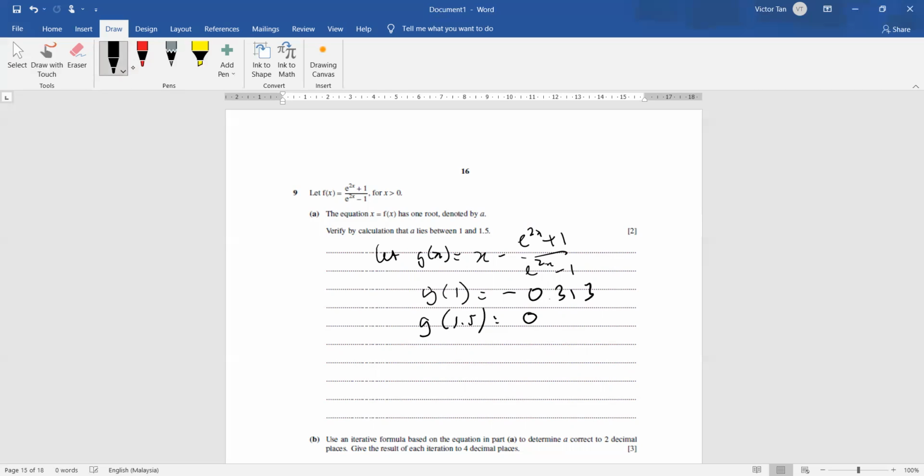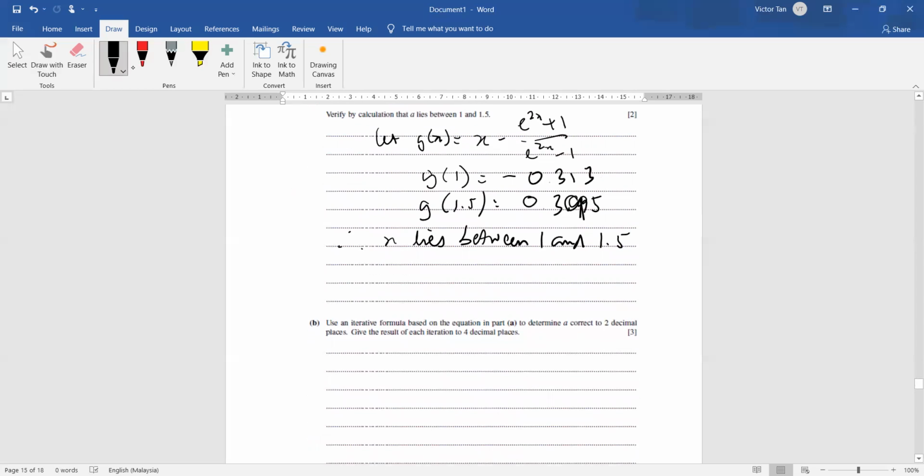So of course g of 1.5 will give you a positive value, 0.395. So you can make a conclusion that a lies between 1 and 1.5.